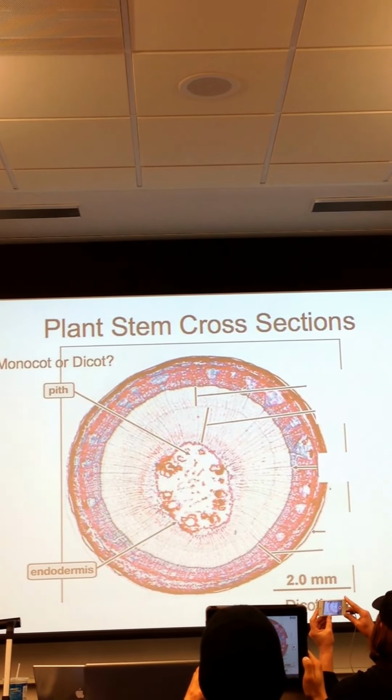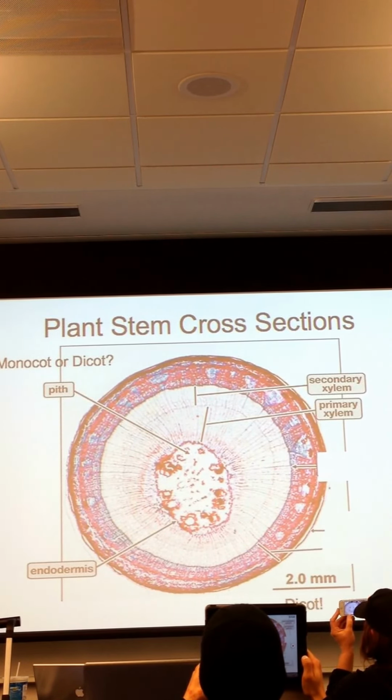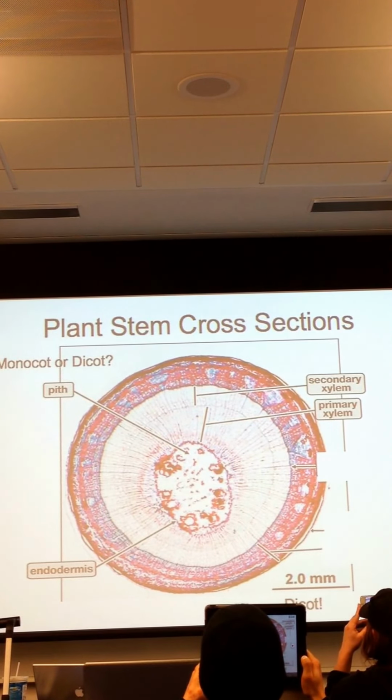That's xylem, yes. Good. How did you know it was xylem, Paige? Yeah, it's larger and it's in the inner section, okay? And if we were to zoom into it, we'd see it was hollow circles.